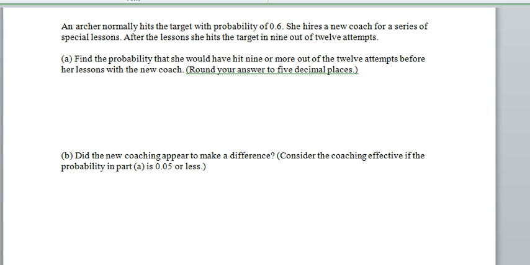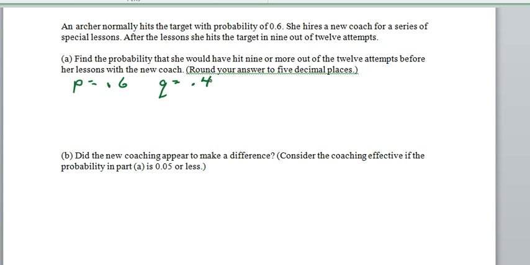And so before her lessons with the new coach, we would have that P is equal to 0.6, Q is equal to the probability that she doesn't hit a target, which is 1 minus 0.6, or 0.4.